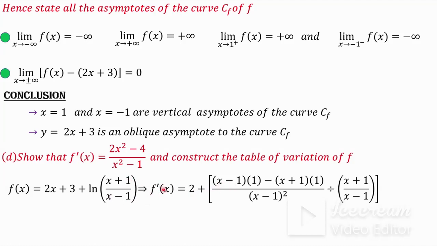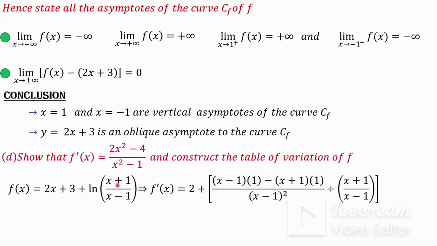Here we have to apply the rule for differentiating a logarithm. To differentiate ln of x plus 1 divided by x minus 1, we differentiate what is inside, and then divide it by that same inside term.